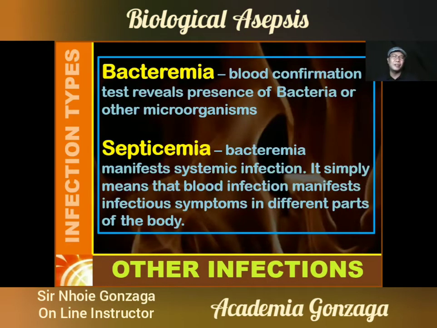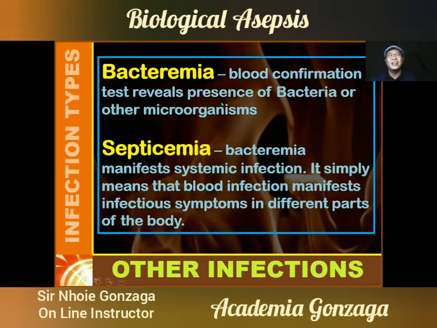Now, we have two terms again here, bacteremia and septicemia. These are also kinds of infection. When you say bacteremia, a blood confirmation test reveals the presence of bacteria or other microorganisms, meaning there is infection in the blood.